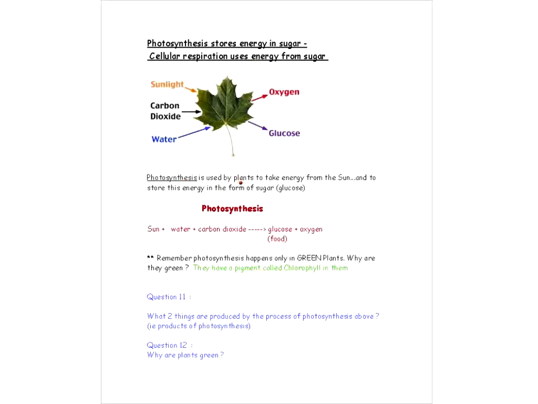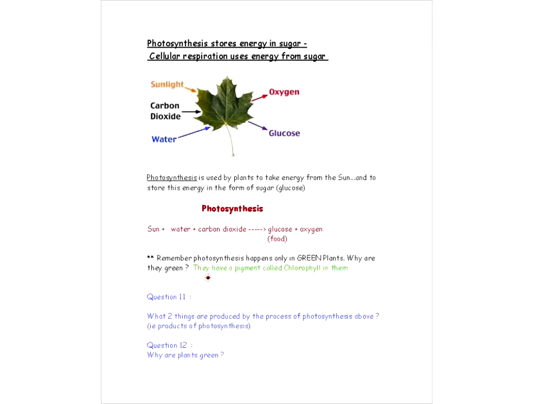Photosynthesis is used by plants to take energy from the sun and to store this energy in the form of glucose, or sugar. So let's look at the reaction that shows this. We get the sun's energy combined with water and carbon dioxide, and that's used to produce both glucose and oxygen.